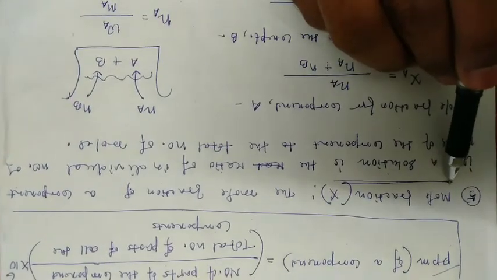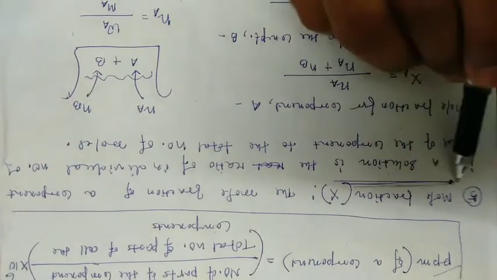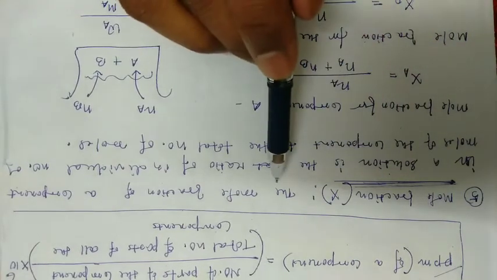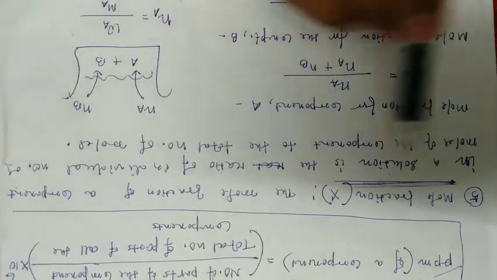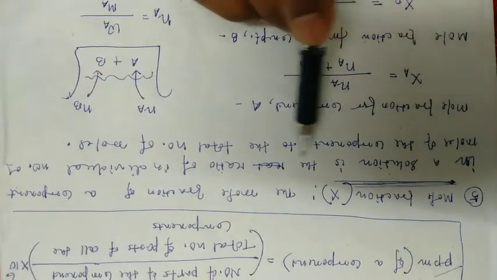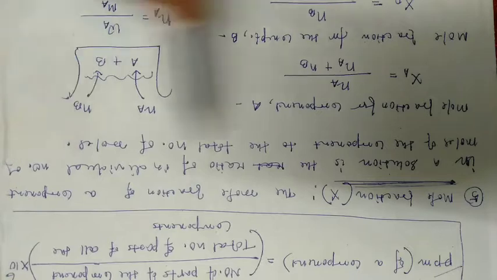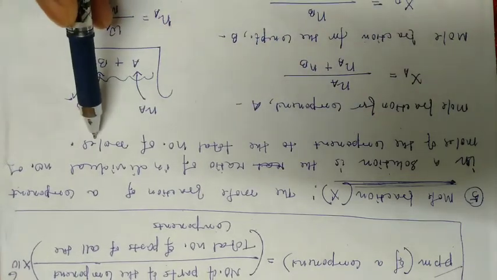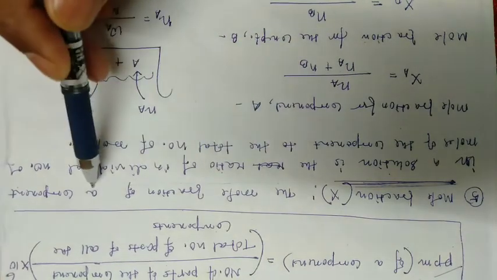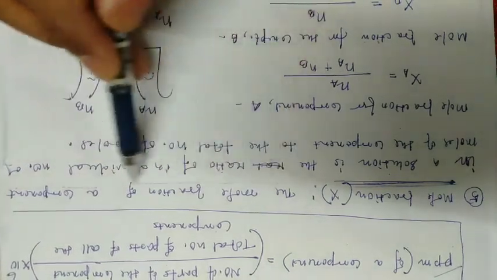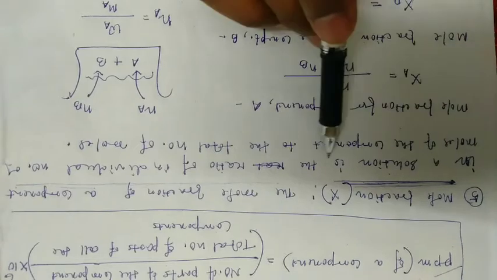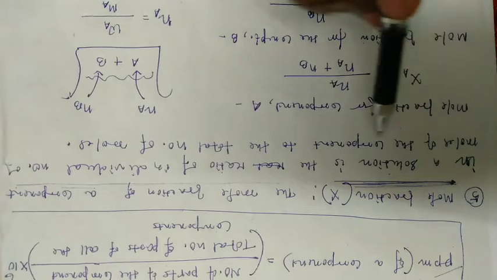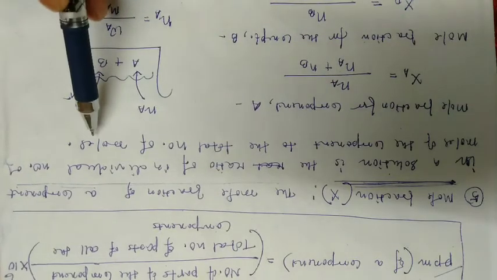One more very important concentration unit is mole fraction, denoted by X. So the mole fraction of a component in a solution is the ratio of the individual moles of the component to the total number of moles.